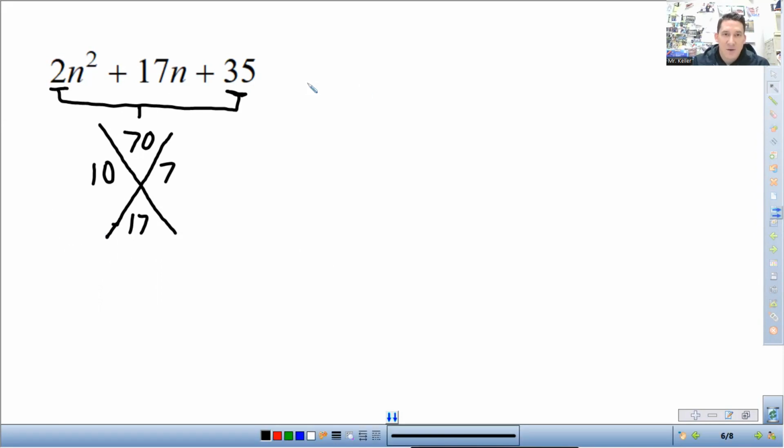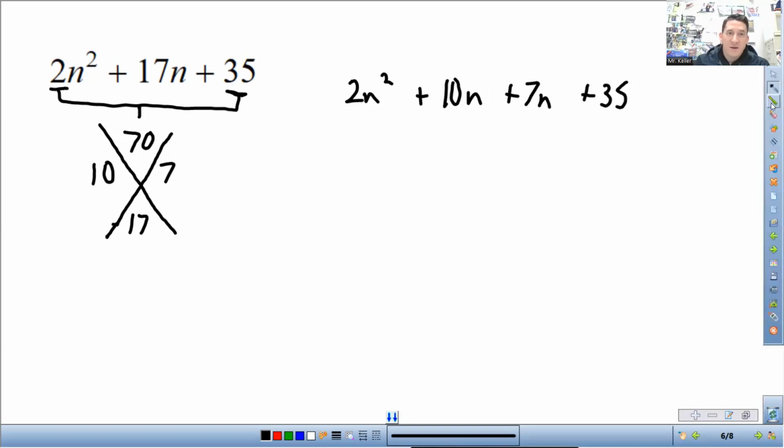So I'm going to write this out over here. So it's going to be 2n squared. I'm going to split this 17n into a 10n plus 7n, and then plus 35. So again, this 17n is getting split. That's where those are coming from.